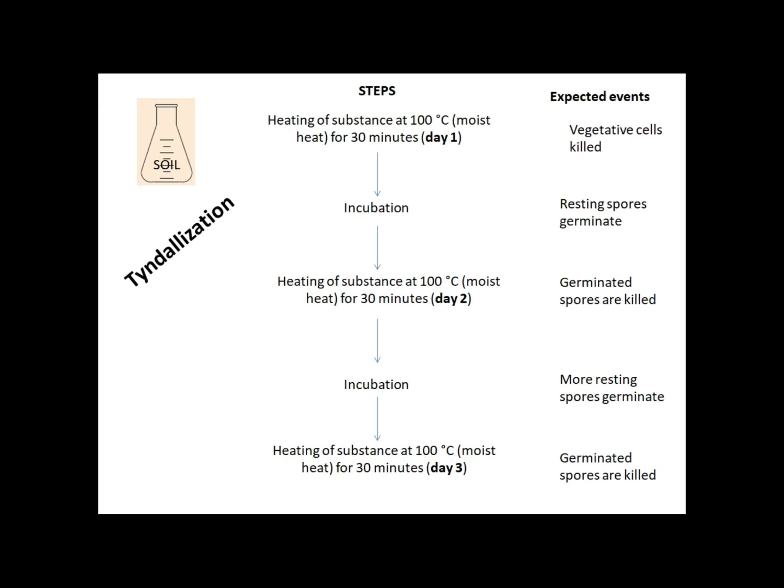When the soil sample is incubated, since the sample was exposed to moist heat, the moisture moistens the soil, and the microbes which are there in the form of resting spores germinate during the incubation period.